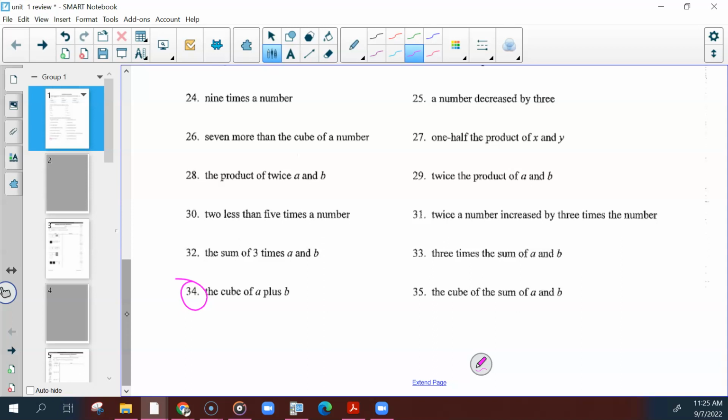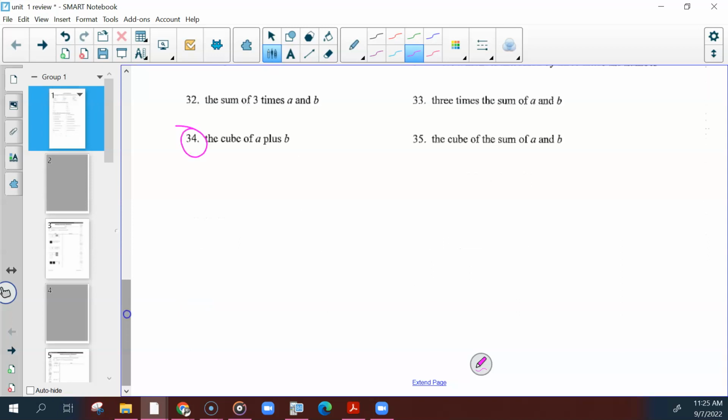For 34, the cube of A, notice this does not say cube root of, so this means we're raising something to the third power. So the cube of A, and then we are adding B. So this would be A cubed plus B. Other questions on this page?